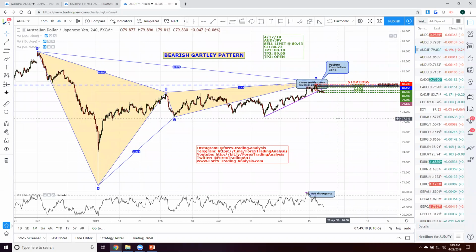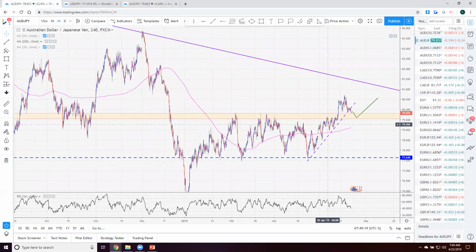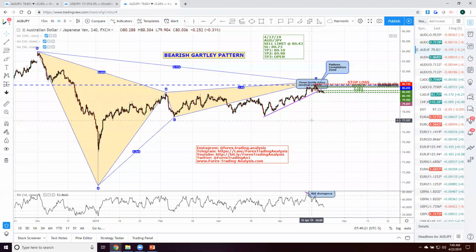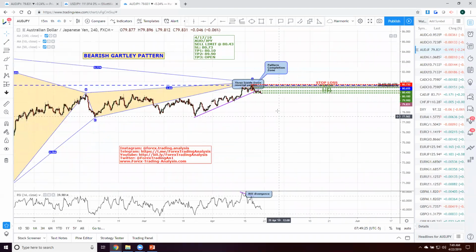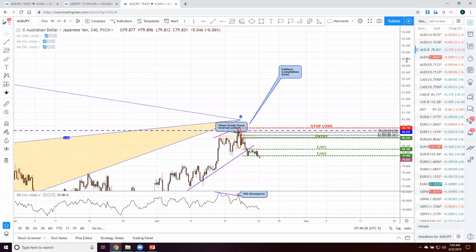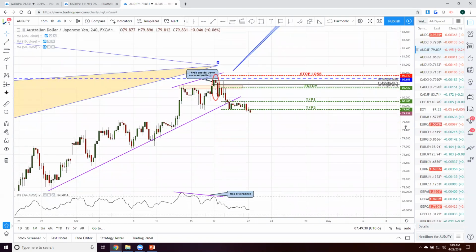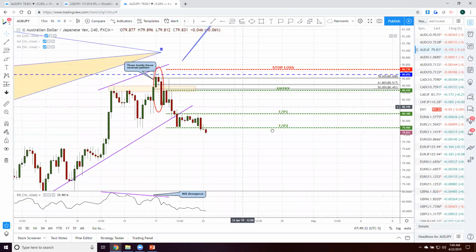I'll zoom in here in just a second, but we identified this last week on the 17th, a bearish Gartley pattern. So we were looking at this potential bearish Gartley pattern, and you have to zoom in to see it. Pair ultimately printed.